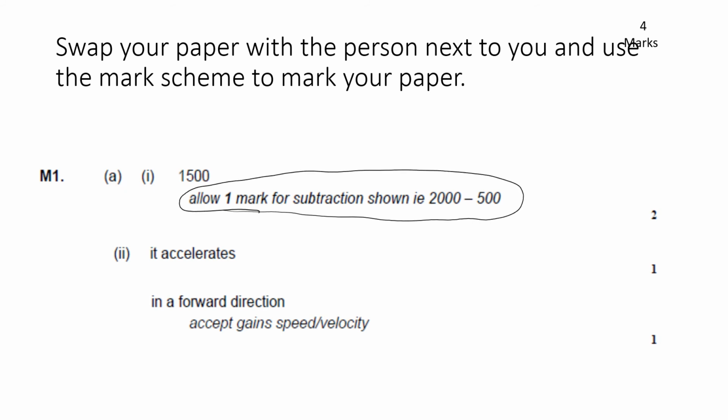So even if you didn't get the right answer, if you did subtraction, you would have got 1 mark. Your second one, it gets faster, it accelerates. They would probably like you to use that word, accelerates in a forward direction. That is showing that you understand those resultant forces.